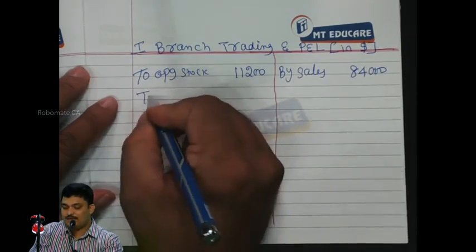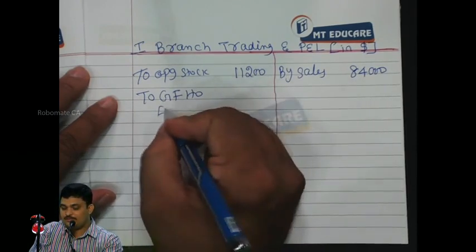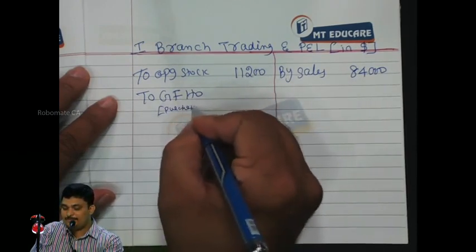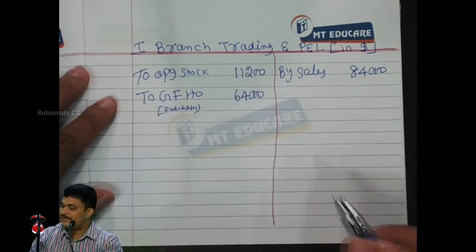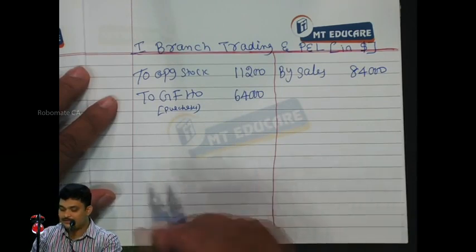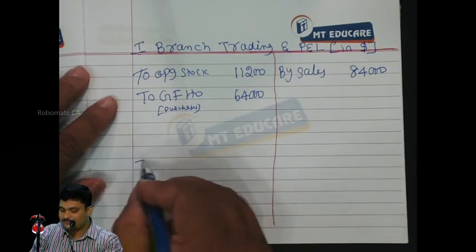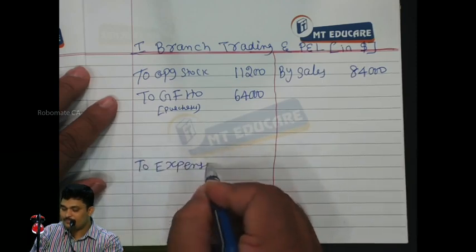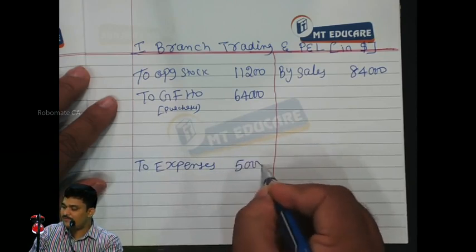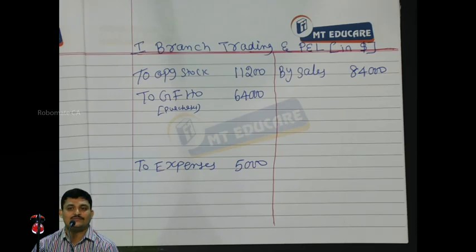Goods from head office, this is the real purchases for them, $60,000. Then expenses, 5,000.